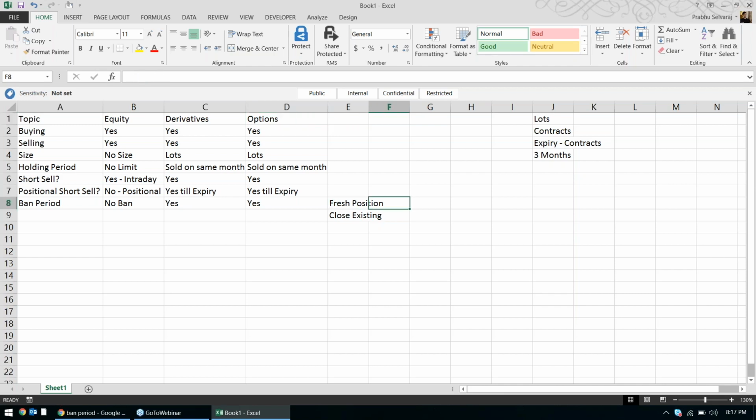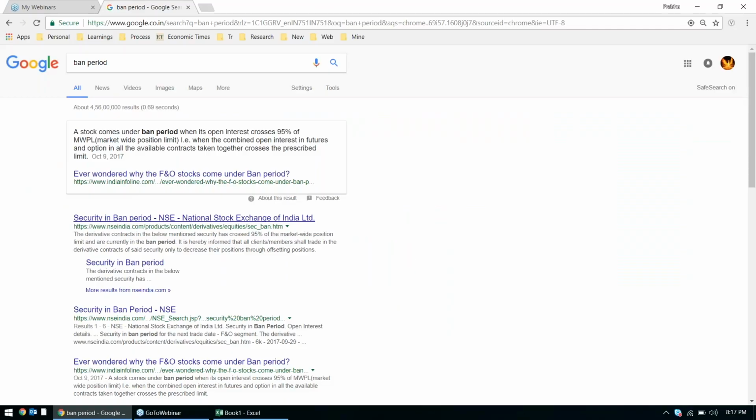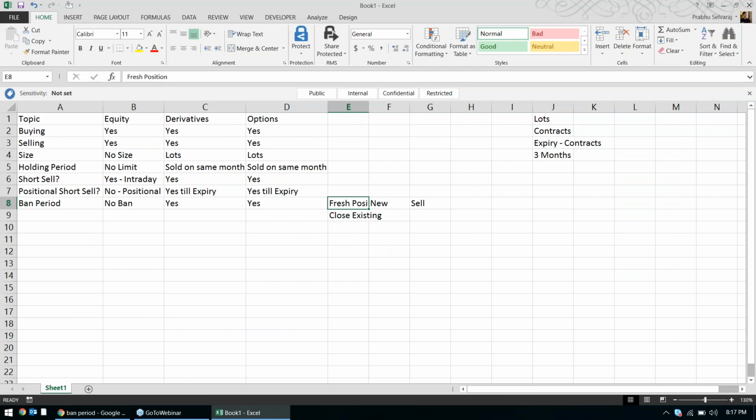You cannot buy a new contract or sell a new contract, but if you had an existing contract, you can always close the position. It's clearly explained over here. I said you cannot create any fresh position. Simple straight answer: no fresh positions.